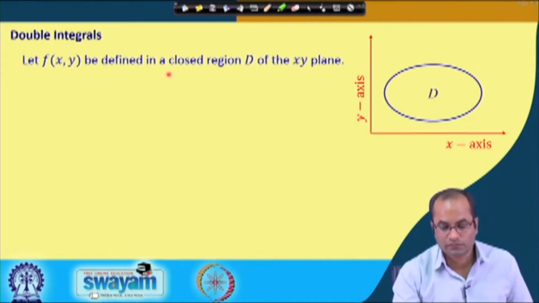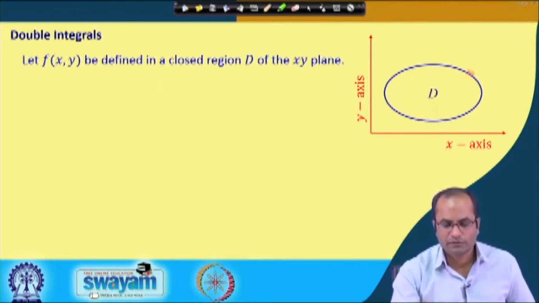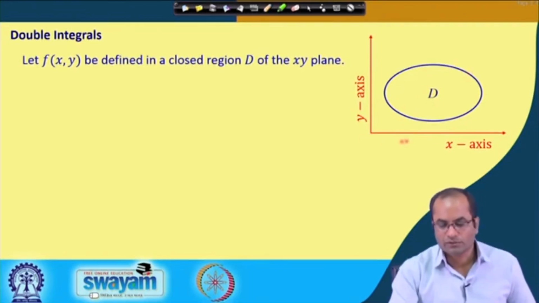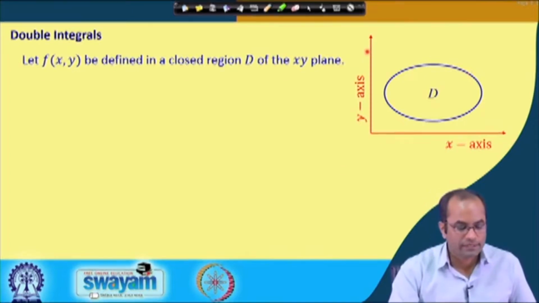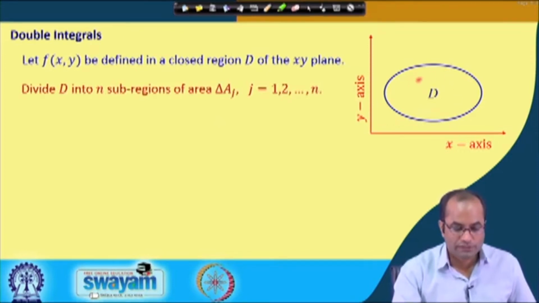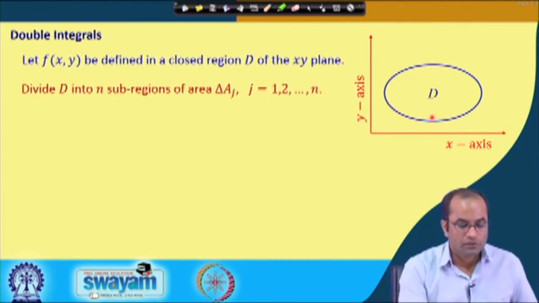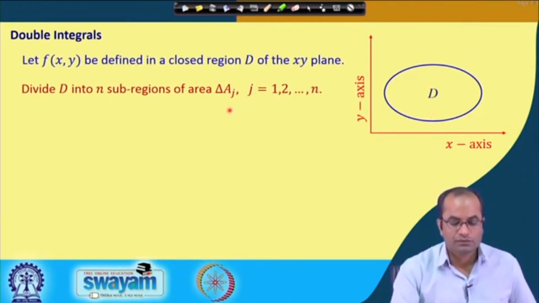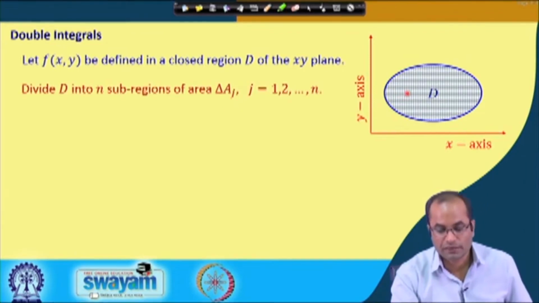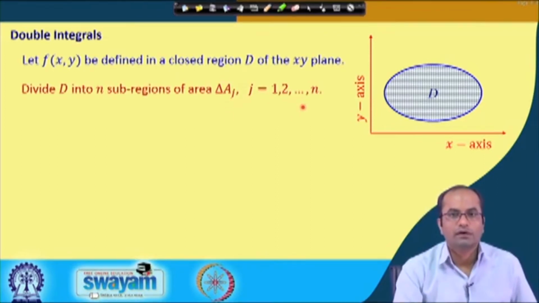So, this is the region here, we have defined a closed region D. It can be of any shape in general. So, here we have the x axis and the y axis, and then we again divide this region into sub regions, into smaller regions of area delta A j. Each sub region will have area delta A j, and j varies from 1 to n.